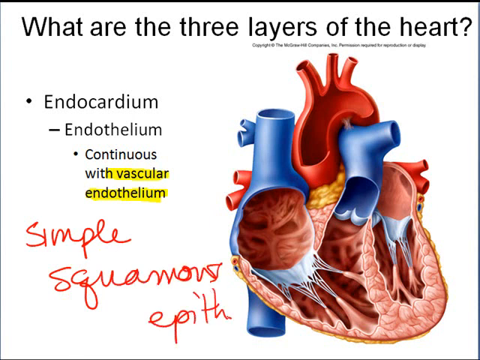And we'll have more to say about this when we look at the blood vessels and we look more closely at vascular endothelium. For now, we'll just know that that's the kind of tissue it's made up of. It lines all of the chambers inside of the heart. And that's good enough about the endocardium for now.